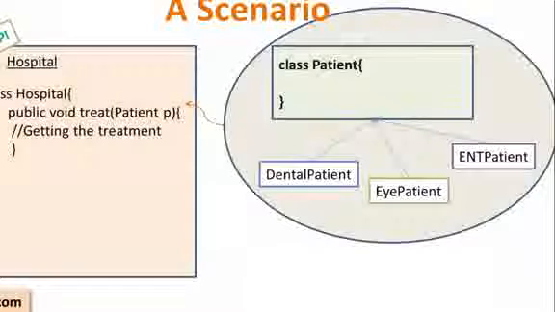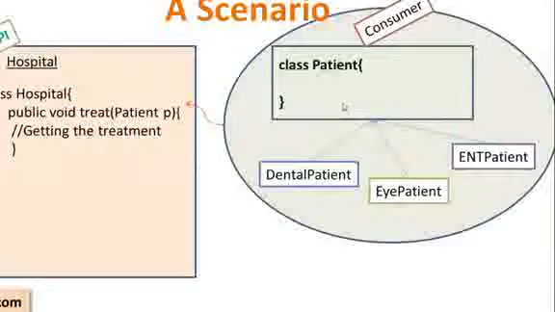A service API will always look at the generic type, and the consumer, on this side, can go ahead and implement their own advanced objects as well.